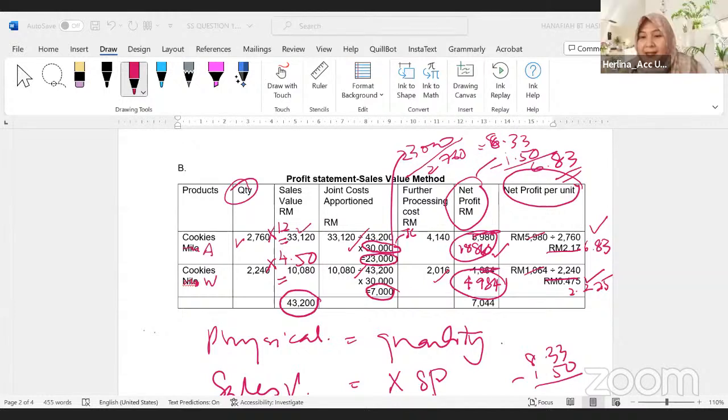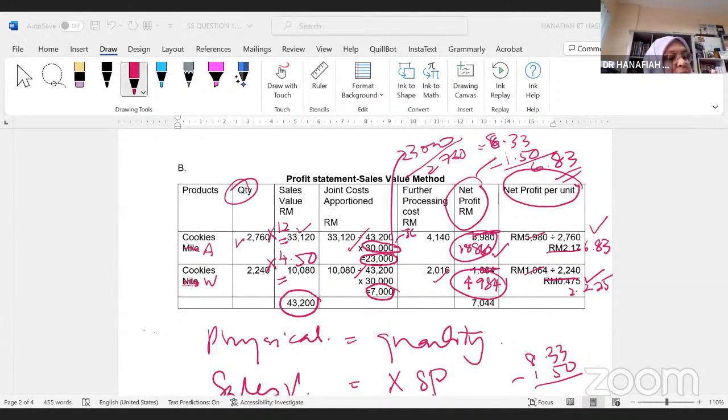Yes. The answer in part A, where we get a nominal of abnormal loss. Okay. Based on the information, all right, the question mentioned 10% is normal loss. So when I calculate the normal loss 10% times 200,000, where do I get this 200,000? The opening work in progress mentioned in the question is 20,000 liters.